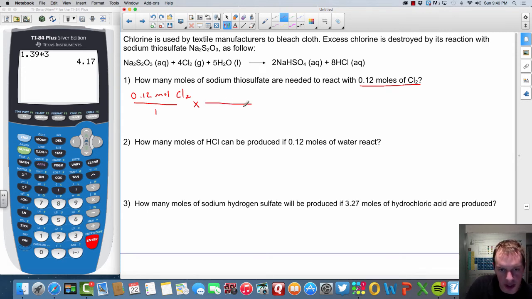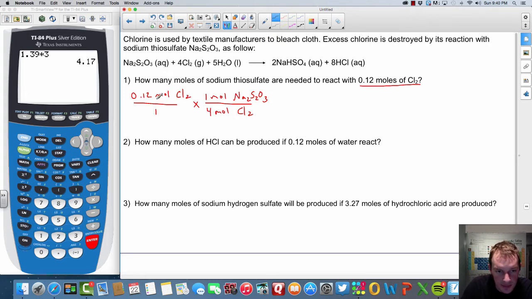Well, the mole ratio is for every 4 moles of Cl2, you're going to have 1 mole of sodium thiosulfate. Well, we want to cancel our moles of Cl2, so we're going to put our 4 moles of Cl2 in our denominator for every 1 mole of sodium thiosulfate, Na2S2O3, in our numerator.